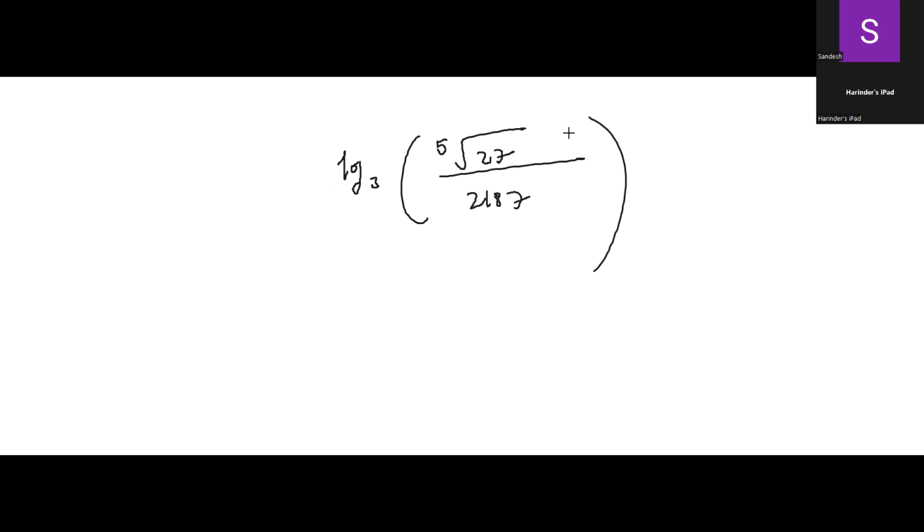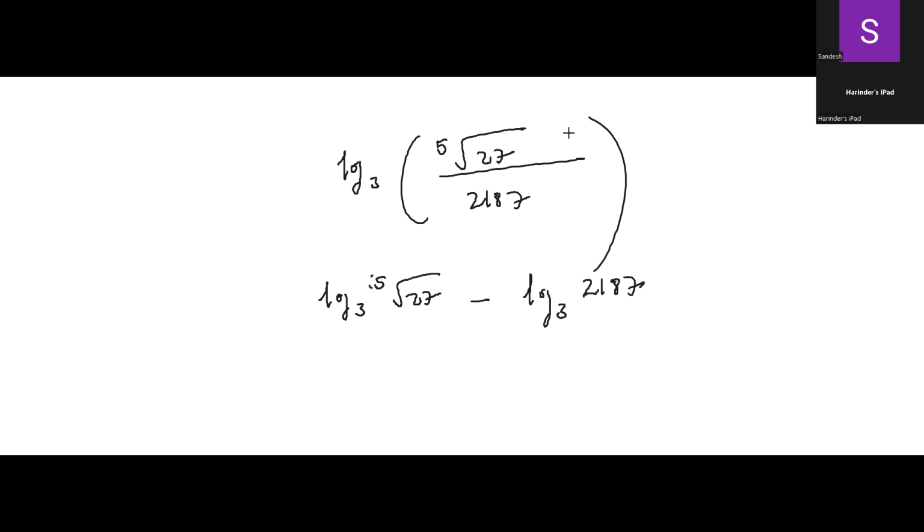Let's try another one. Log base 3 of the 5th root of 27 over 2187. It looks super interesting, right? But it's actually pretty easy. What we do is we just split them apart. We know this is being divided, so we get log base 3 of the 5th root of 27 minus log base 3 of 2187.